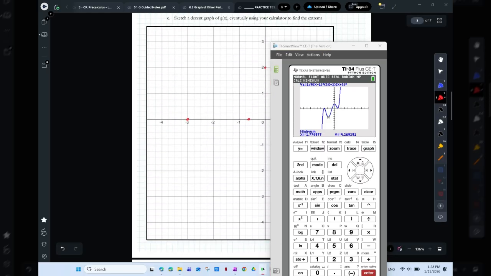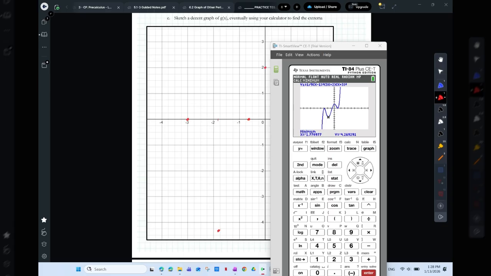So let me plot that roughly. Negative 1.7, that's roughly here, and to the other side, negative 4.3, so that's going to be roughly here.